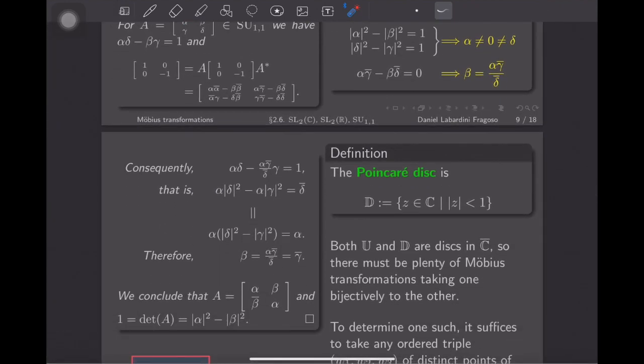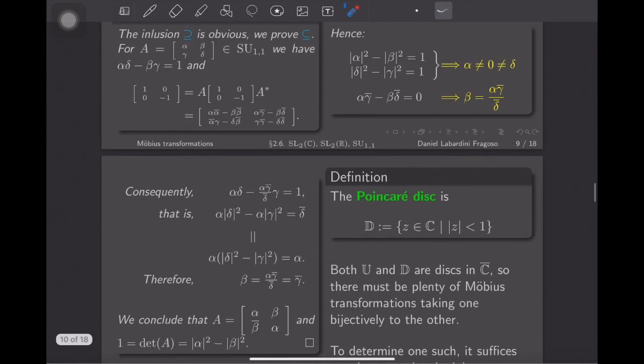Okay, and then, right. So now I use this equality of the determinant, and here I plug in beta. I substitute this beta. So I substitute, and I know that it gives me 1.